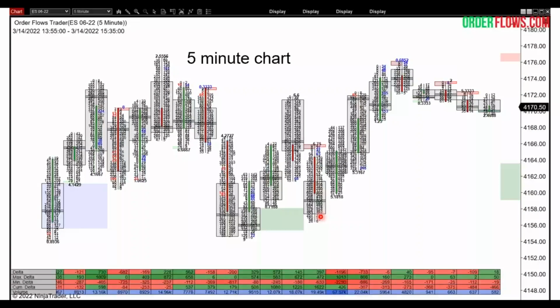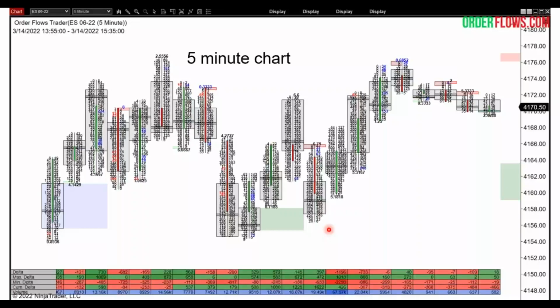This time the pullback was a little deeper. Here it was only pulling in a couple of ticks. Here pulled in about 2 points. Again, you're talking an area from around 58 down to 57, and then it went all the way back up to 77. So you got a buying opportunity here, buying opportunity here.